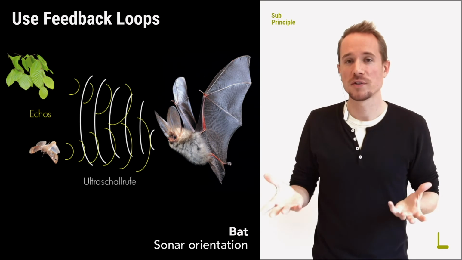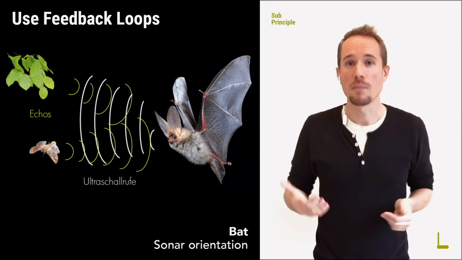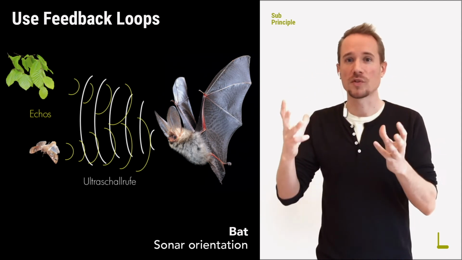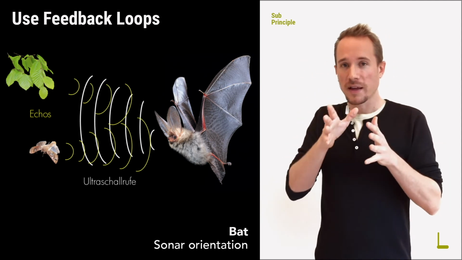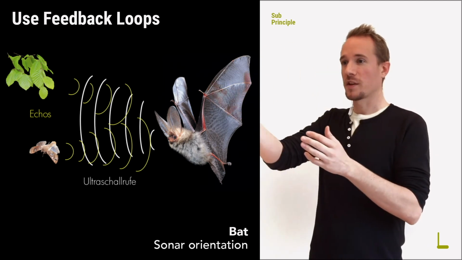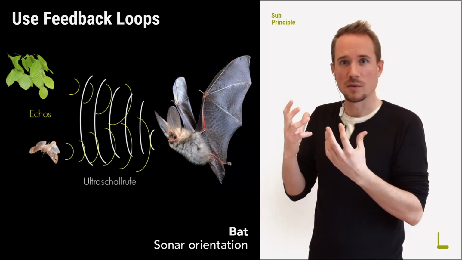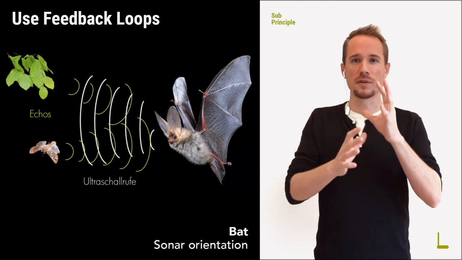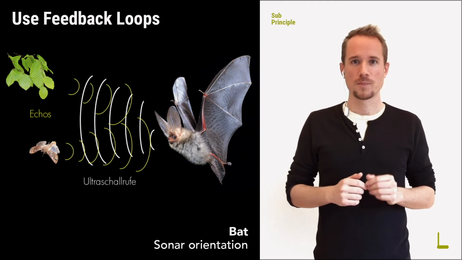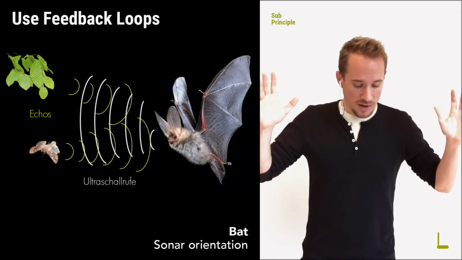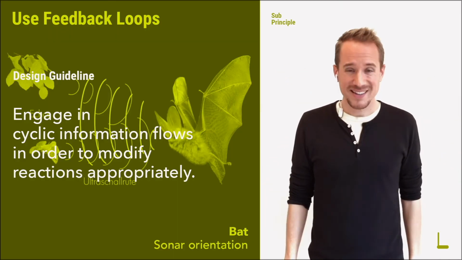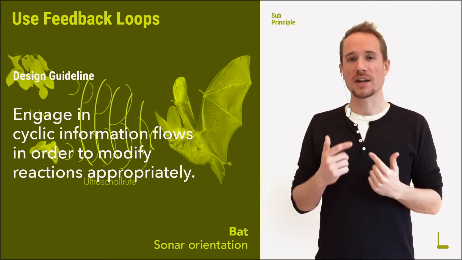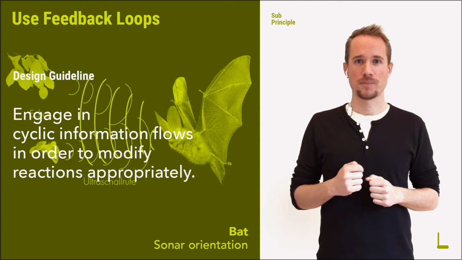Some of the moths, for instance, are looking for a mate, and they're actually following pheromones, and they fly into the direction where there are more pheromones, where they get a signal, a chemical signal basically through smelling. So there's also a kind of information flow like that. What's our design guideline here? Engage in cyclical information flows in order to modify reactions appropriately.